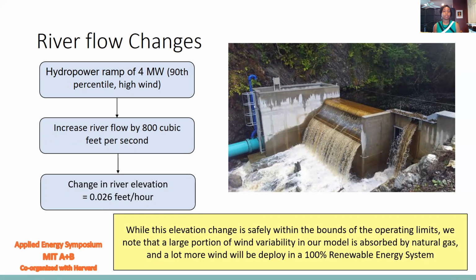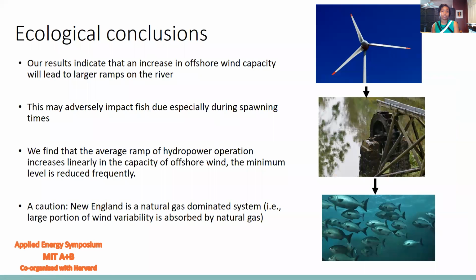And as we are moving to a 100% fully renewable energy system, this hydropower absorption would become greater and greater, especially as it's replacing natural gas. And so that is something that would need to be taken into account, because we could see much higher changes in river elevation, especially as we are seeing greater spikes.